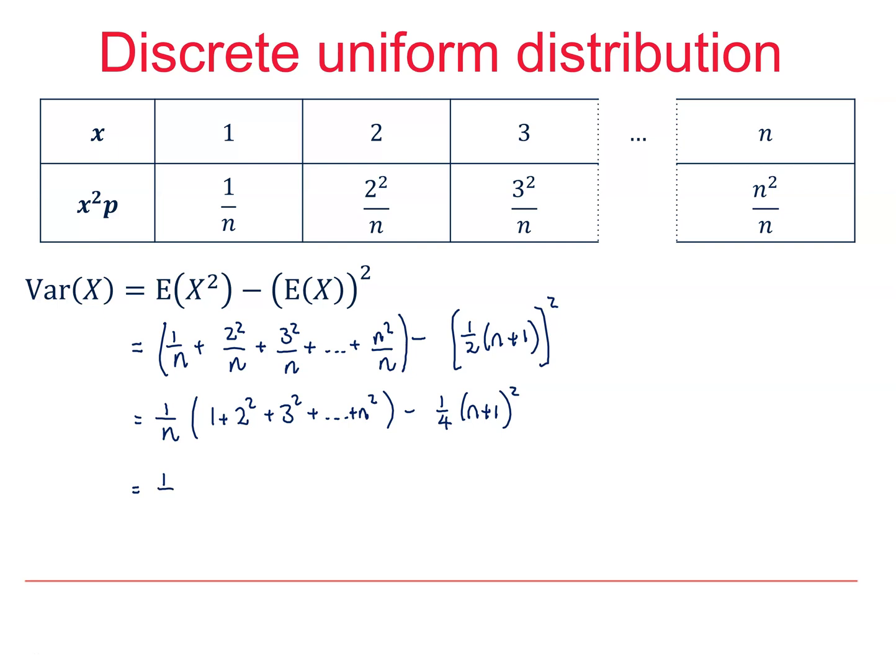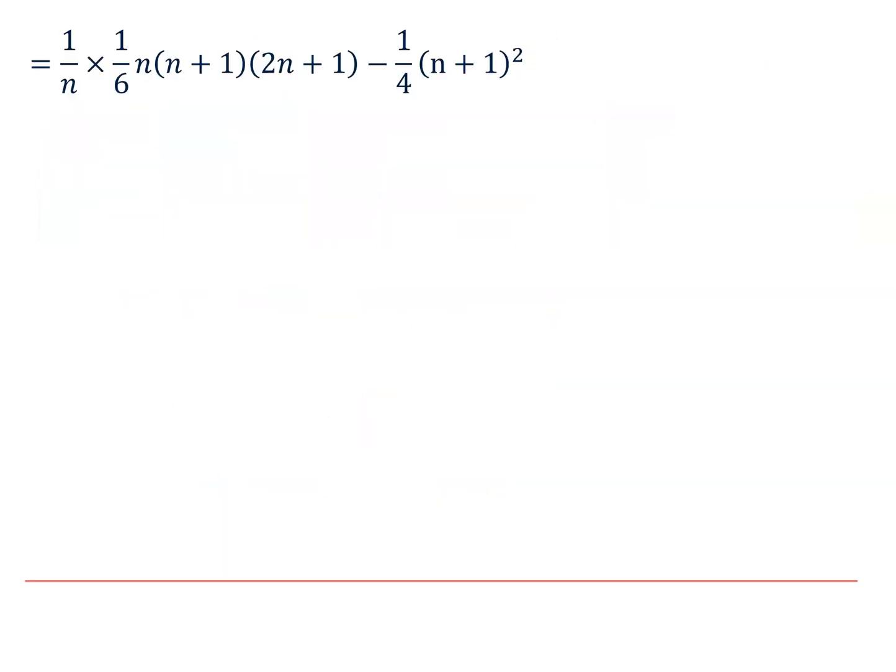Now the sum of the squares is 1/6 n multiplied by n plus 1 multiplied by 2n plus 1. That's the result that I just had, on a new slide for space.